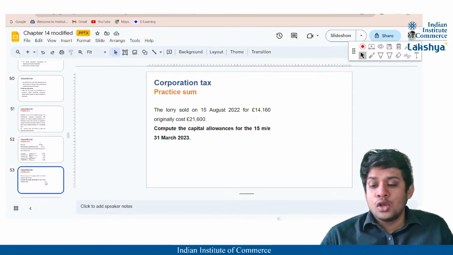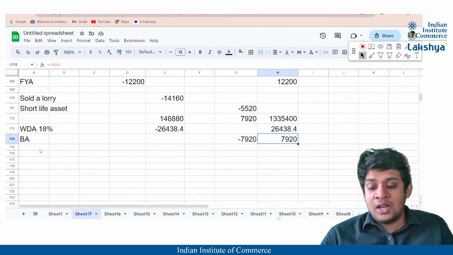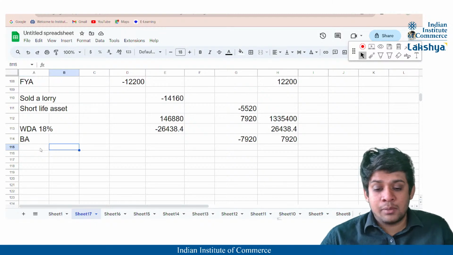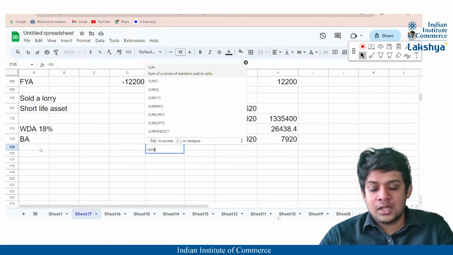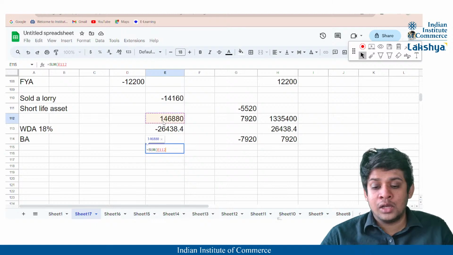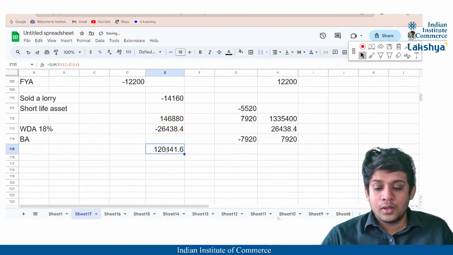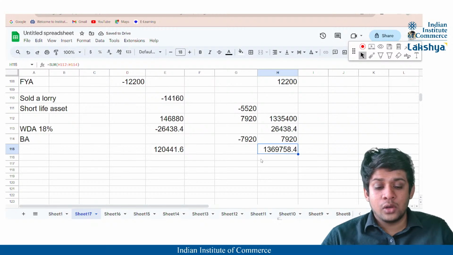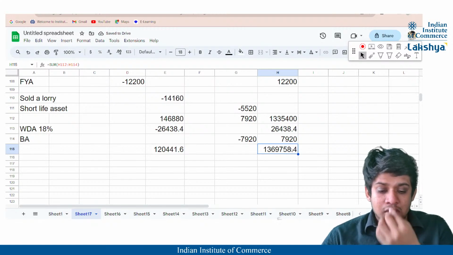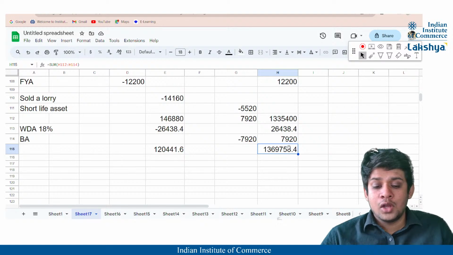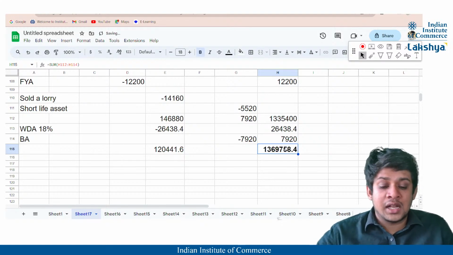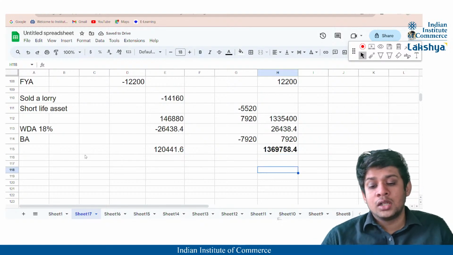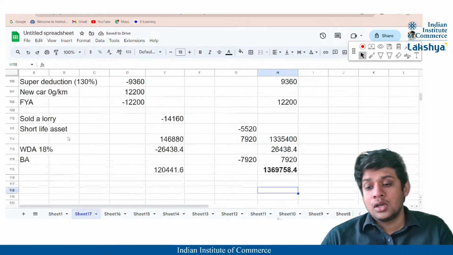Right? So I am done with everything for the year ended 31st December 2022, and I will just take the balances of my main pool now to the next year, which is 120,441.6, and here it will be 0 and 0, and the total balance here is going to be 1,369,758.